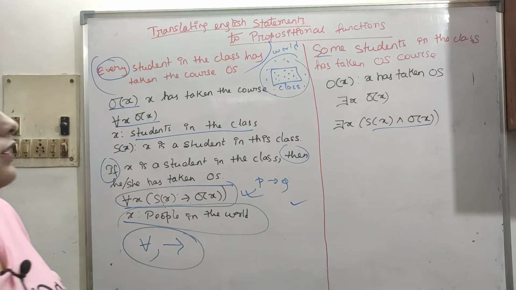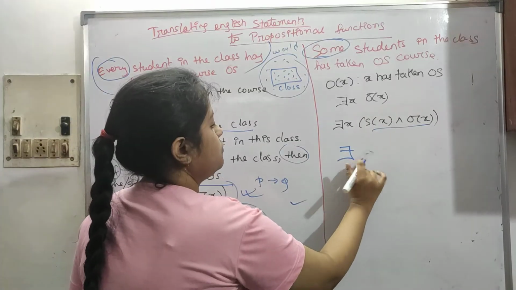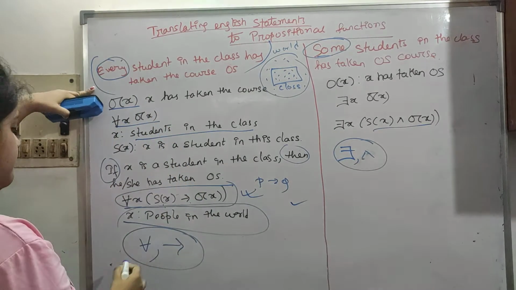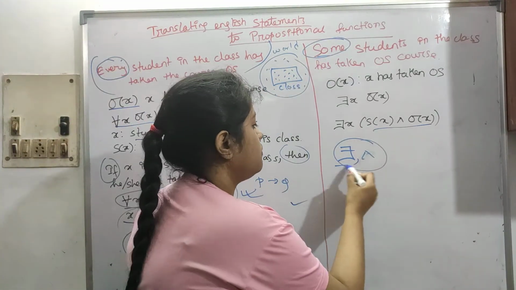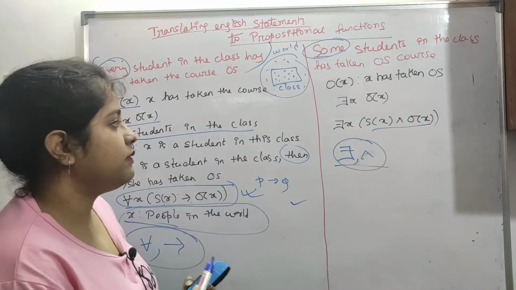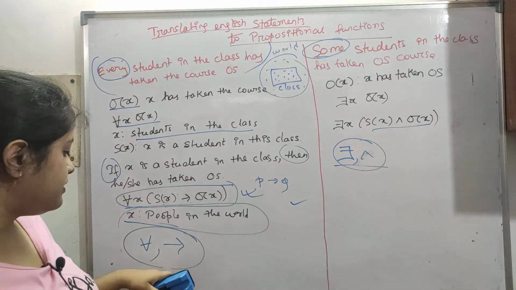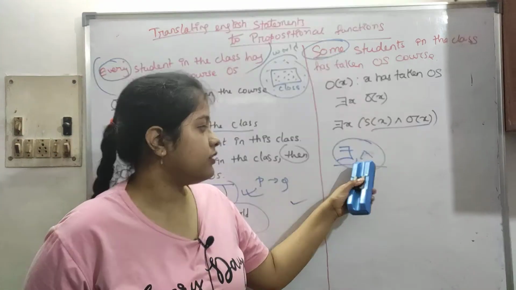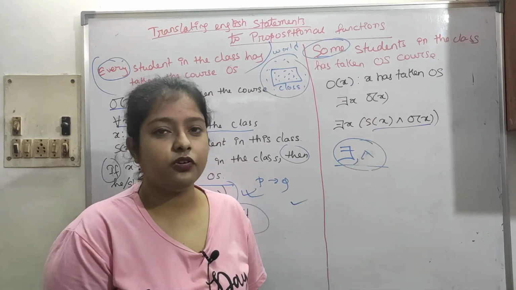When "some" is present, you can use there exists and the dot, which is the conjunction, I think; I have forgotten the names.